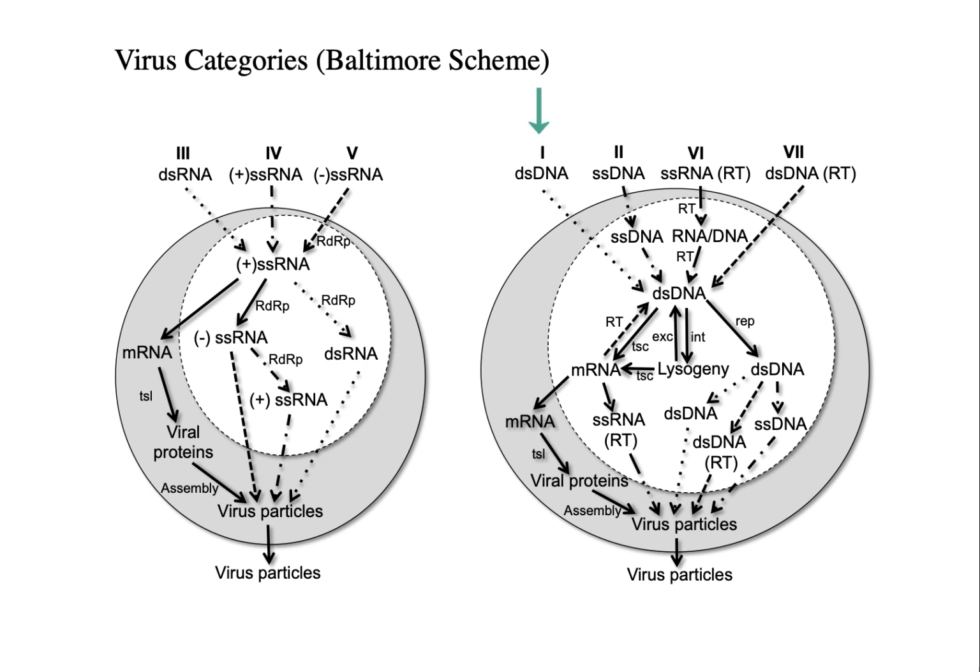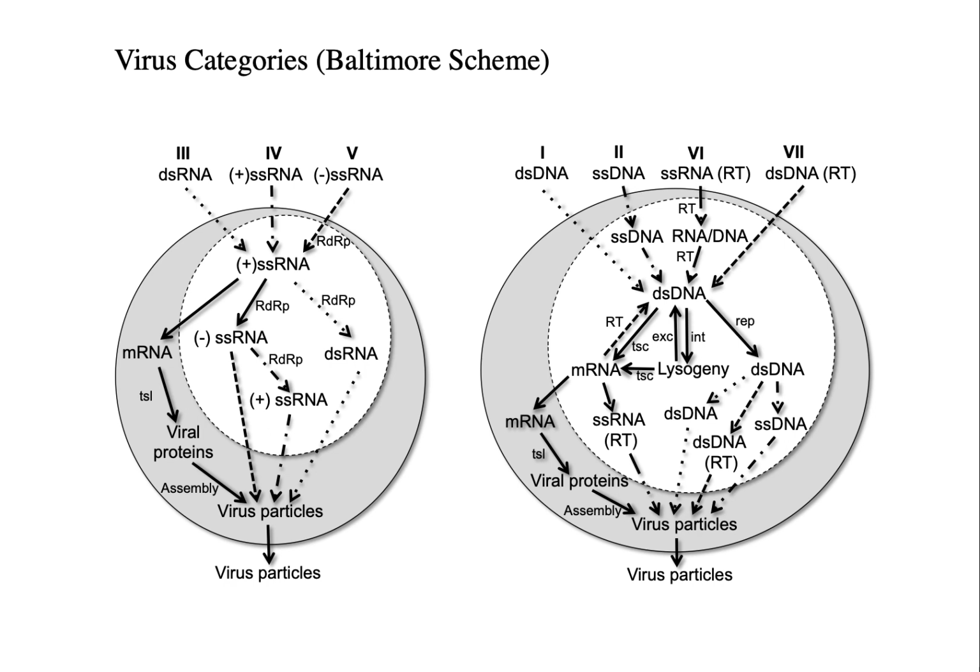Class 1 is for double-stranded DNAs, Class 2 single-stranded DNAs, and then 3, 4, and 5 are double-stranded, plus-strand single-strand, and minus-strand single-strand viruses, and then 6 and 7 are a single-stranded RNA virus with reverse transcriptase and a double-stranded DNA with reverse transcriptase.